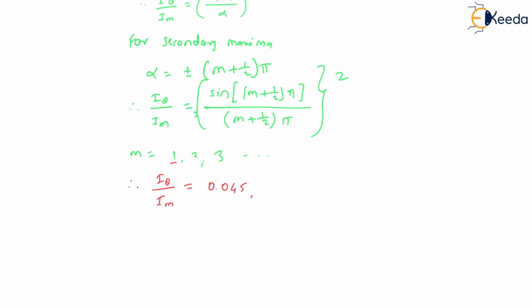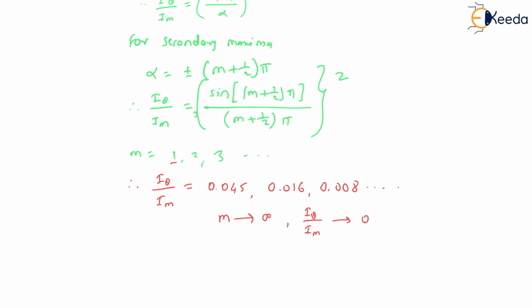When you substitute 2, we get 0.016, and then the next one is 0.008, and so on. That means if you increase the value of m, I theta upon Im tends to 0. As m tends to infinity, I theta upon Im tends to 0.